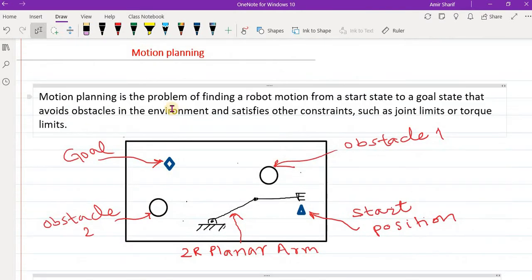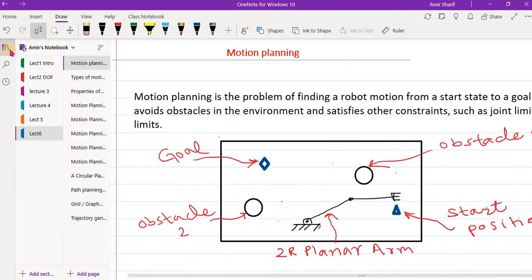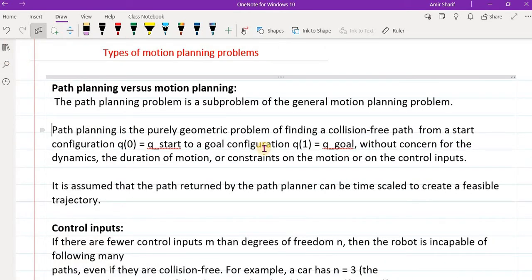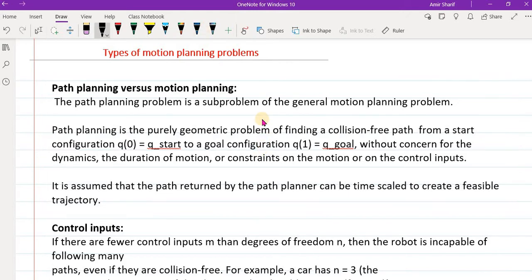So let's now slowly move forward toward some more details about motion planning. The first thing we discuss is the types of motion planning problems, because motion planning can have different types.